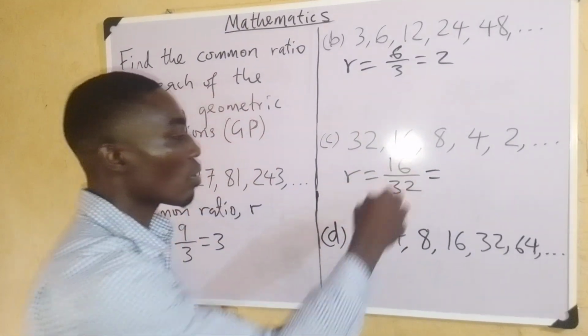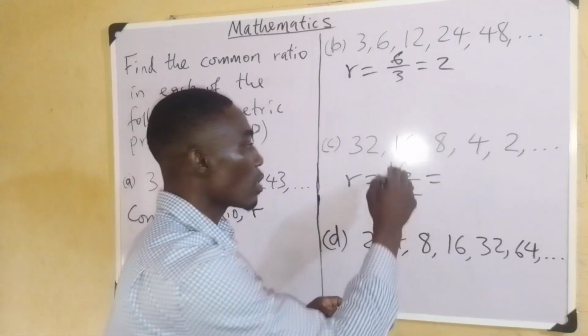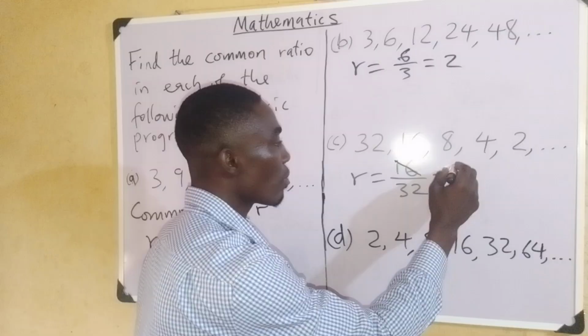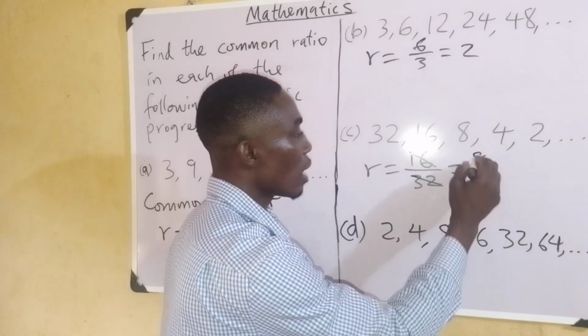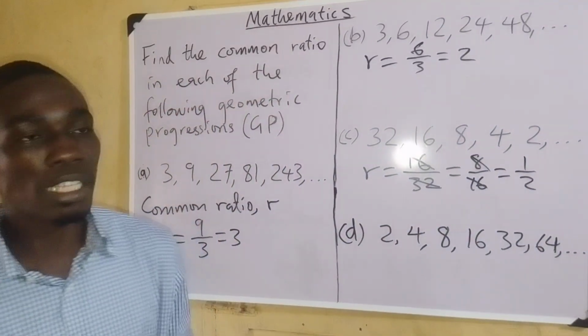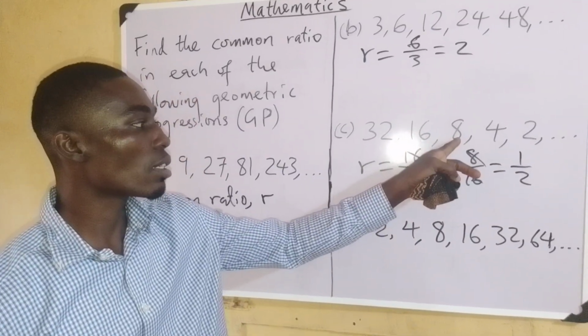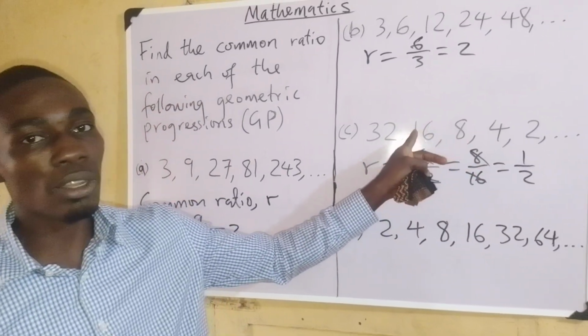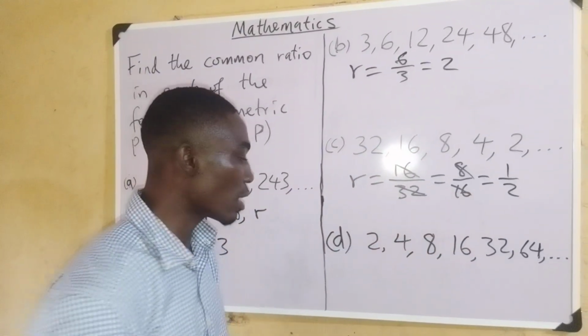You reduce this to the lowest term, because it's already a fraction. So 16 divided by 2 will give us 8, and 32 divided by 2 will give us 16. If we keep reducing it, we are going to get 1 over 2 as the final answer, because you cannot reduce it further. If you repeat the same thing using the third term divided by the second term, it will give you the same thing. And that is the final answer.